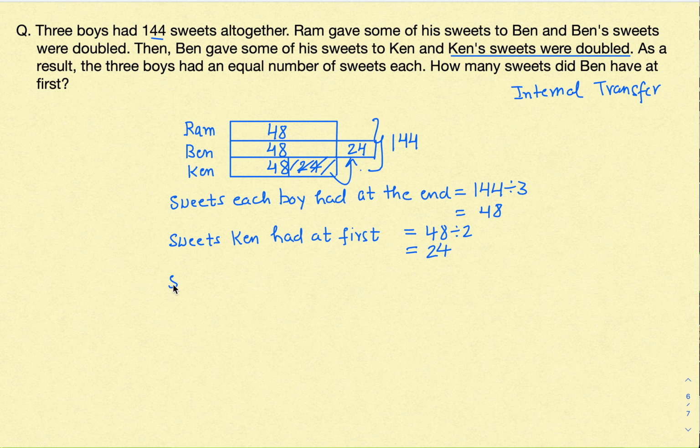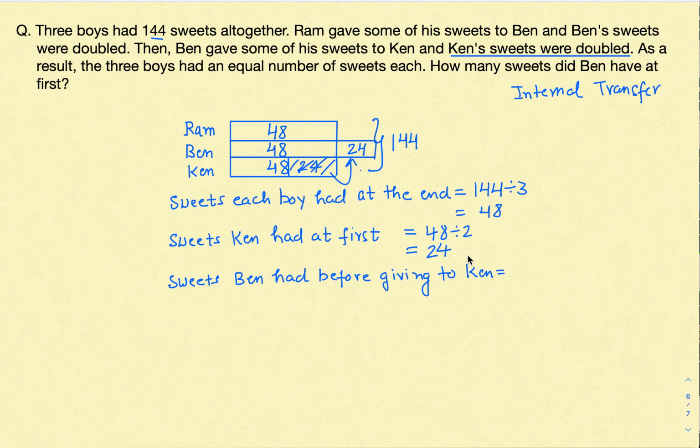So the number of sweets Ben had before giving to whom? Giving to Ken, right?